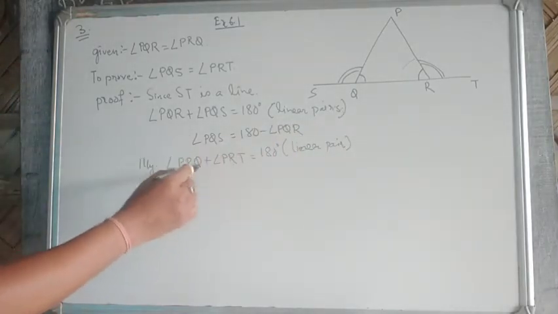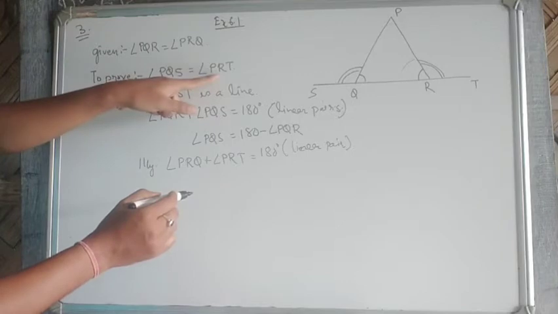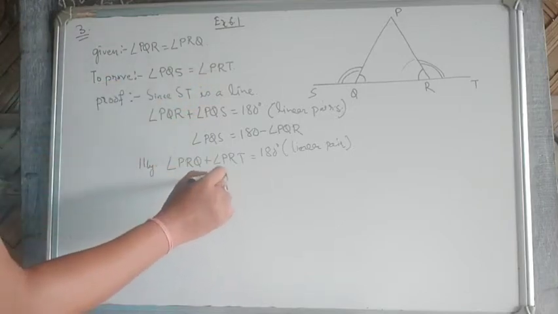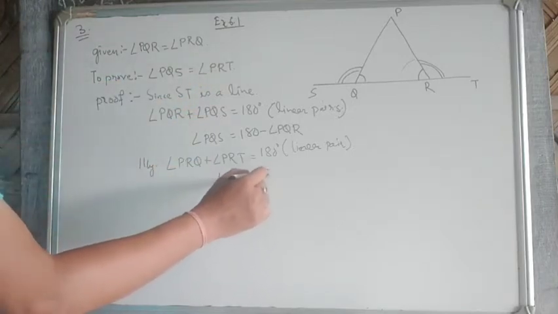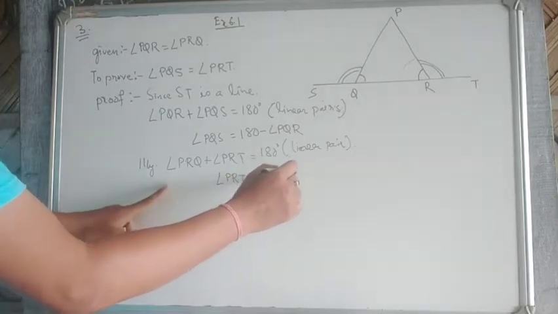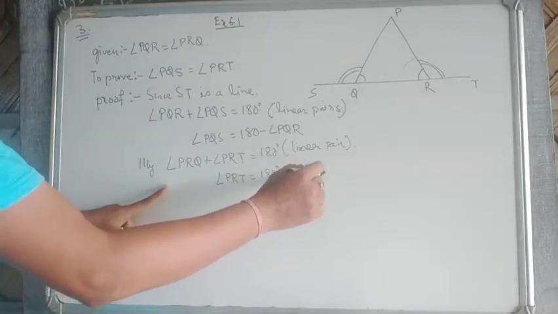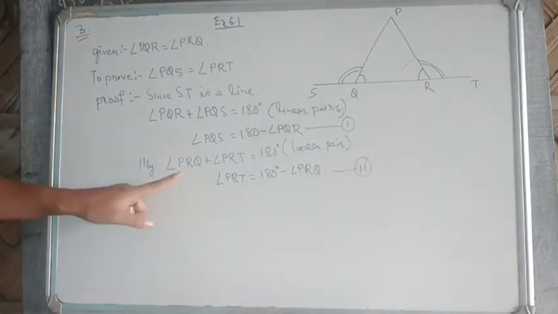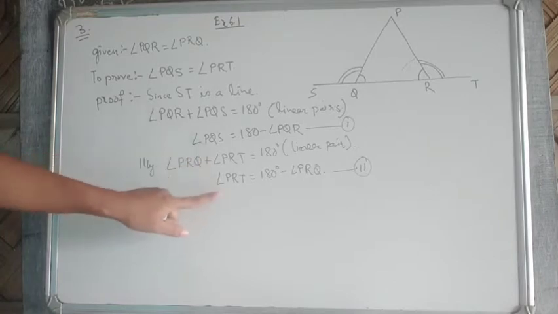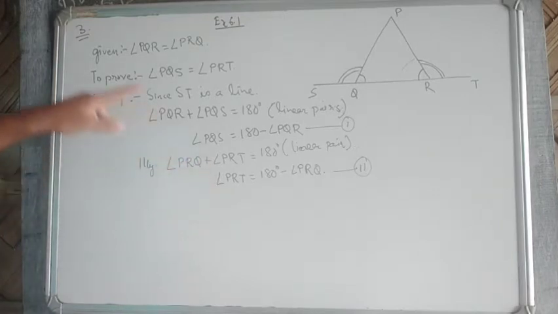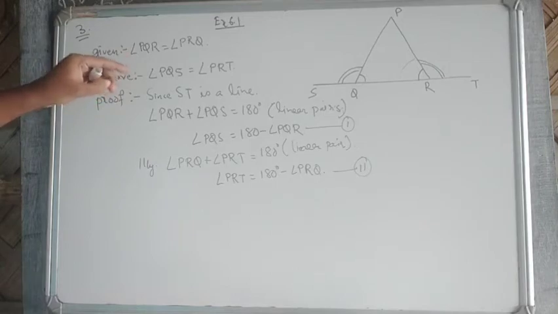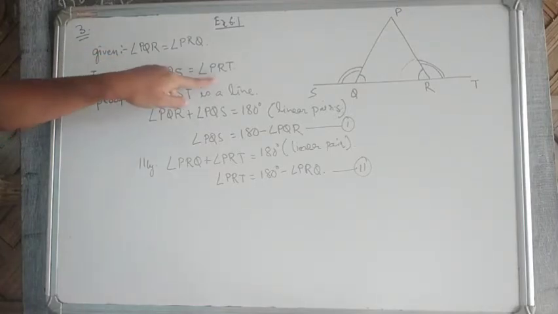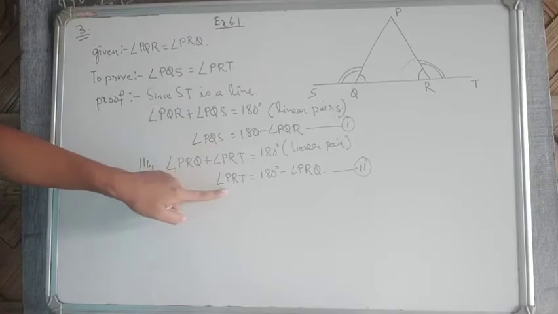Now if they are linear pair, we have to find PRT, so we'll keep PRT here and it is equal to 180 minus angle PRQ. We'll keep this one as number 1, this one as number 2. We have to prove this one equal to this one, PQS equal to PRT.